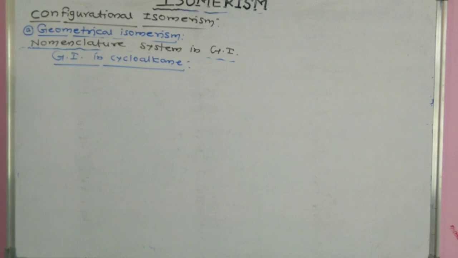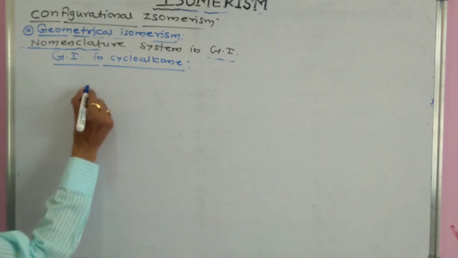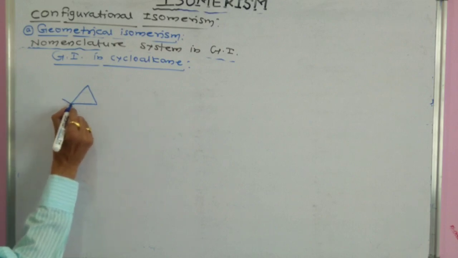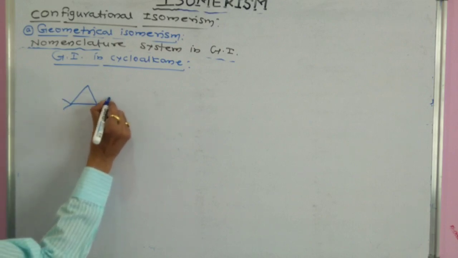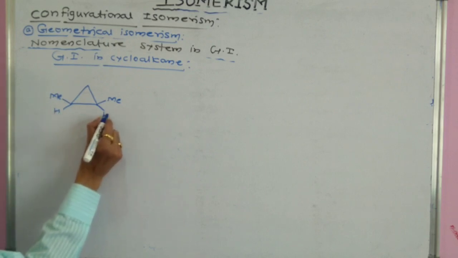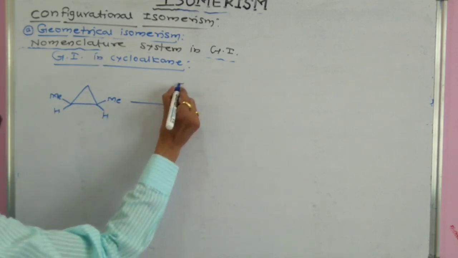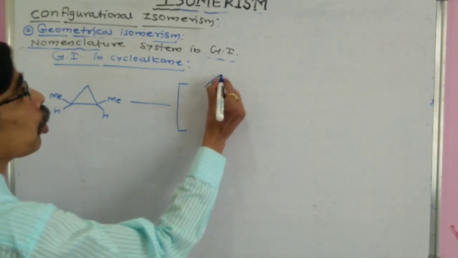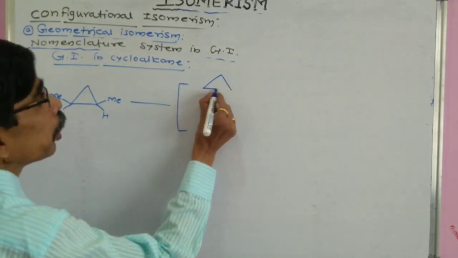Now in this cycloalkane, the disubstituted cycloalkanes or dimethyl cycloalkane, in the cis and trans forms.